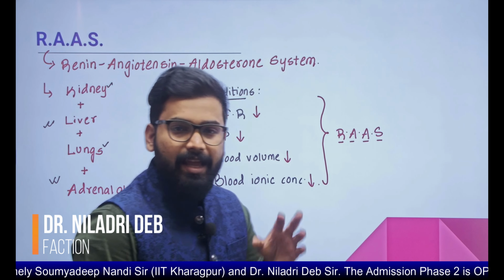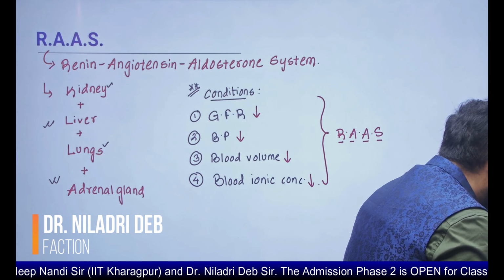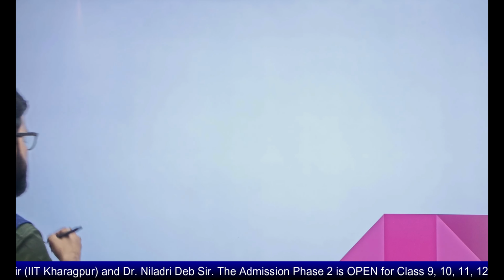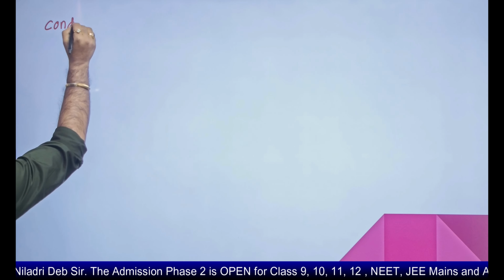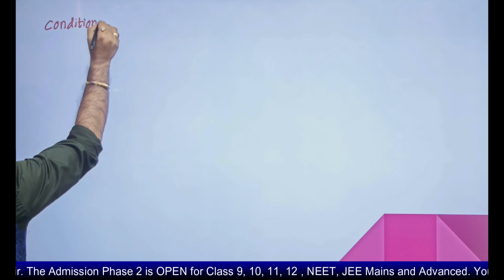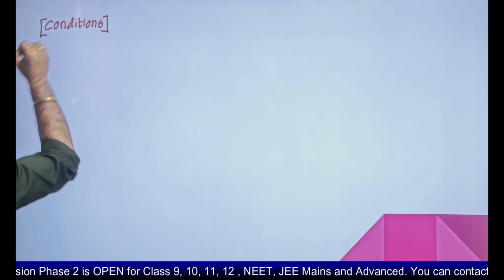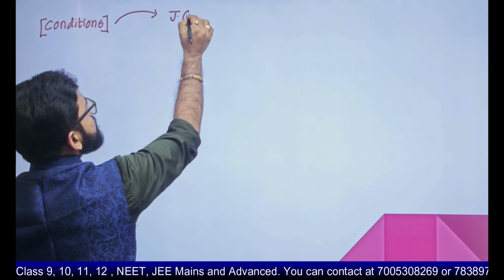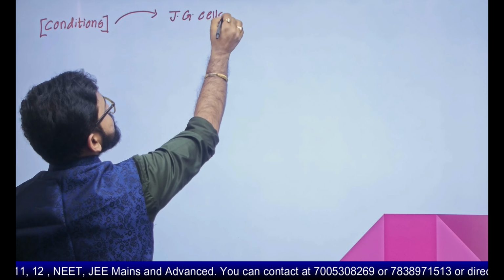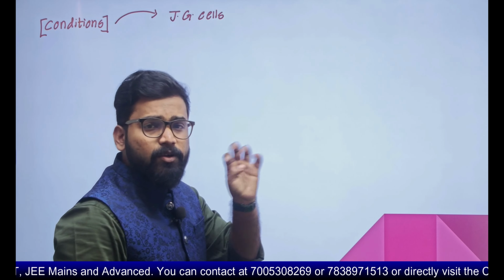This system is active. What actually happens in these conditions when GFR and BP are low? In these conditions, the JG cells. What are JG cells? These are called juxtaglomerular cells.